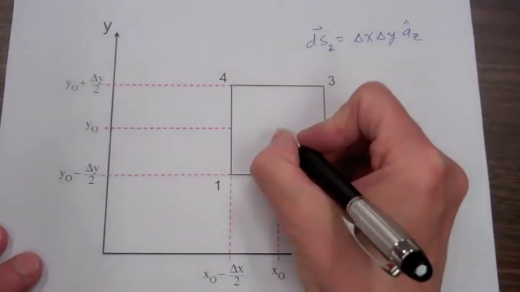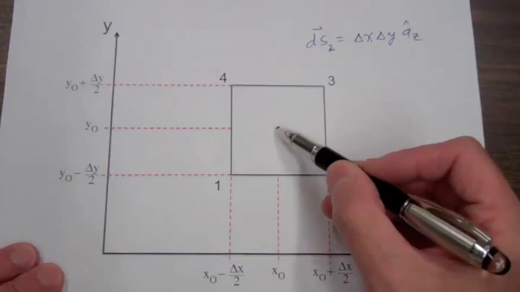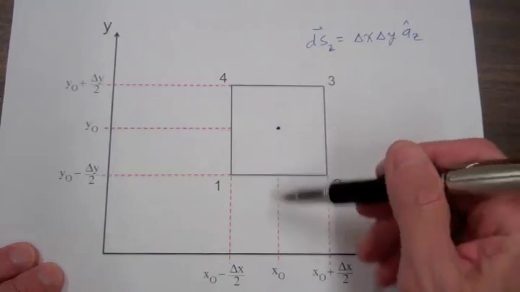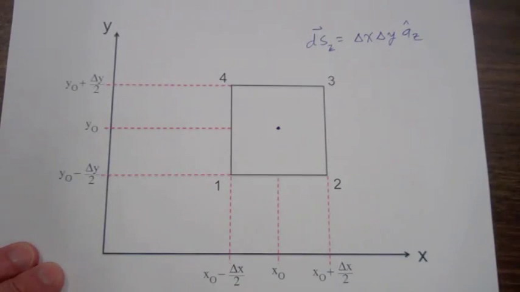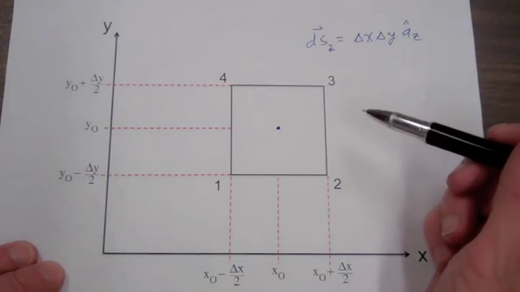Let's assume we know the magnetic field intensity at the center of this square at x sub 0, y sub 0, and we know how H changes with respect to x, y, and z.